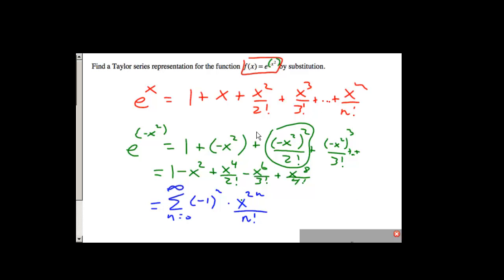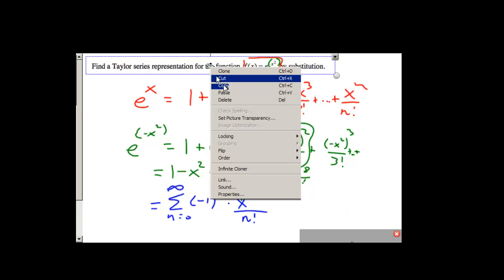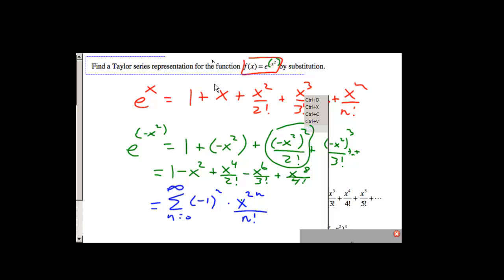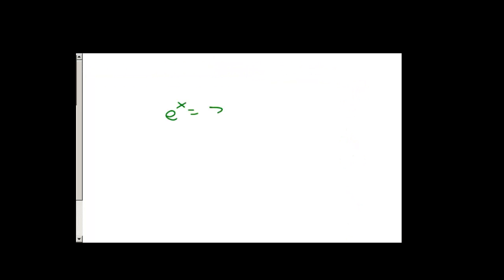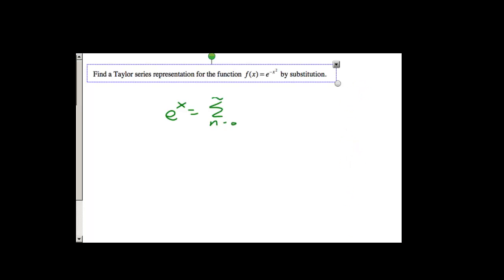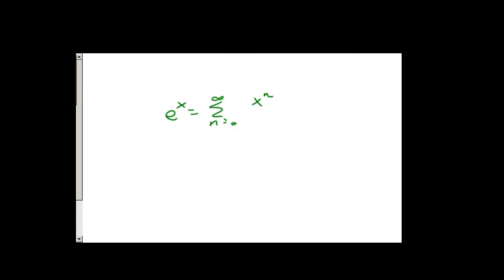We could do that a lot quicker once we become comfortable with this process. So let's think about how you could do that a lot quicker. What you could jump to is, we know that e to the x is the sum from n equals 0 to infinity of x to the n over n factorial.